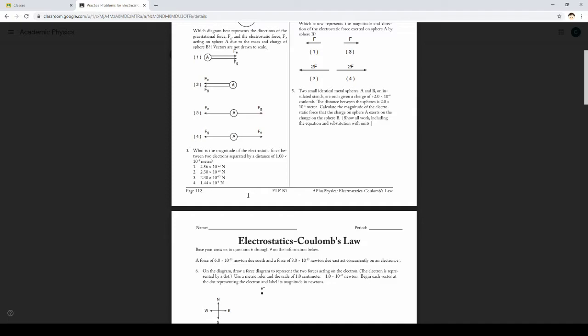But then we're also multiplying it by a 10 to the positive 9th. Positive 9th, negative 22nd leaves us with 10 to the negative 12th.